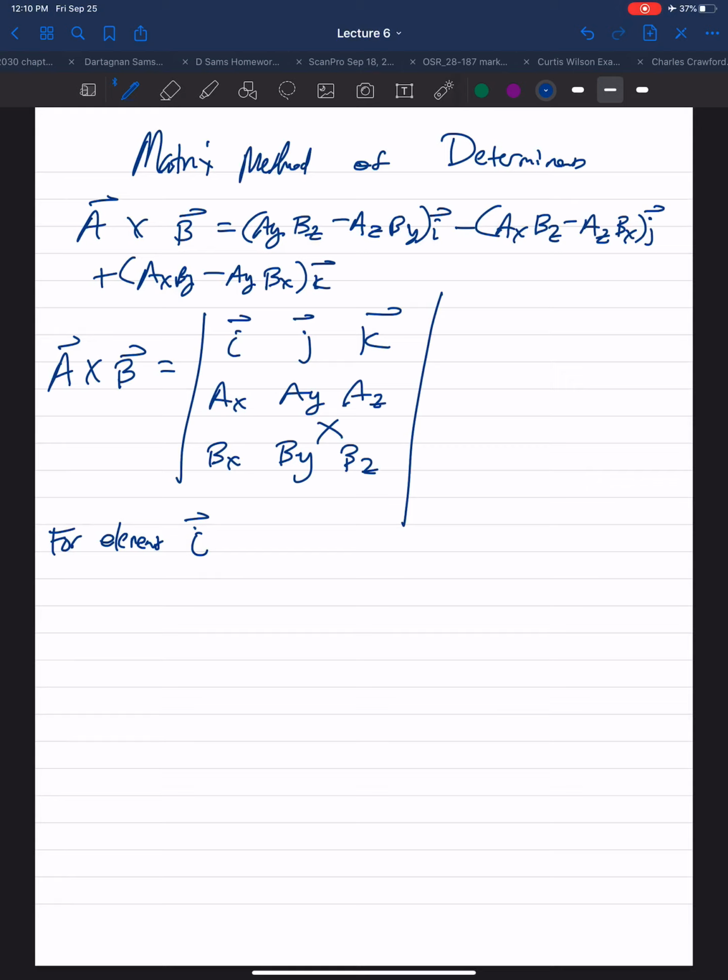It's cross multiplying basically: AY times BZ minus AZ times BY. So the column and row of i you neglect. You don't touch AX and BX because they're in the same column of i, and you don't touch j and k. You work in here.